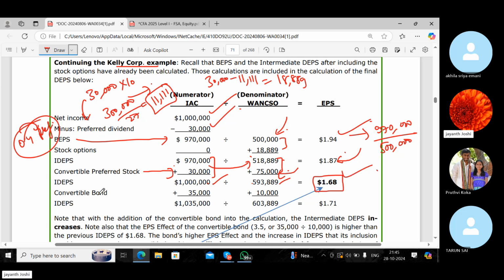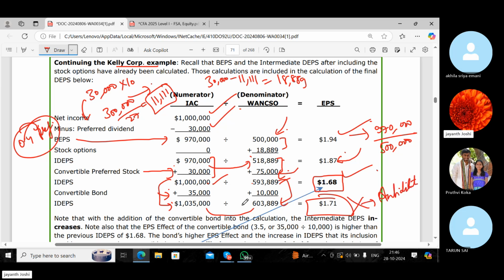Again, last, because convertible bonds were given the second ranking, their numerator effect is 35,000. The interest will not be given to bondholders, it will now belong to equity holders. So this is the total, and the bonds got converted into 10,000 shares. When I divide these two, I get 1.71. I will not go here. It is anti-dilutive.